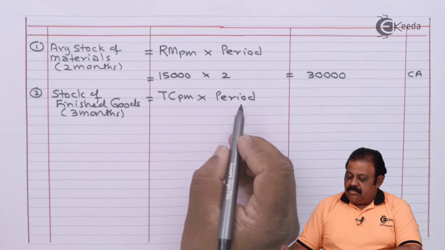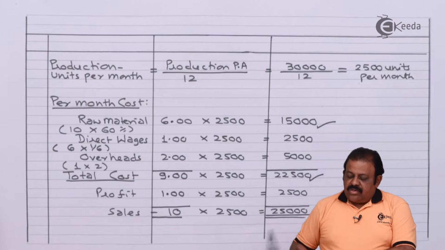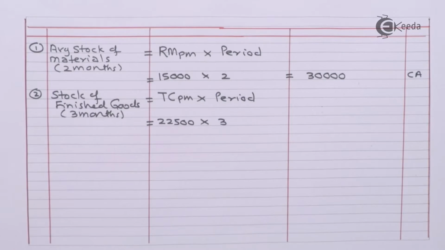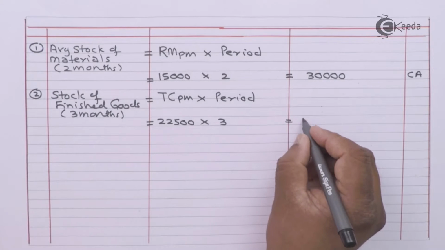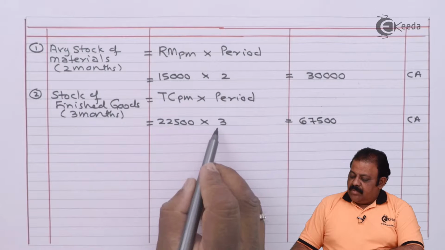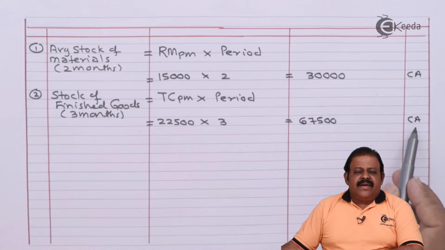Total cost per month multiplied by period. Total cost per month 22,500 multiplied by 3, 67,500. This will be treated as current asset.